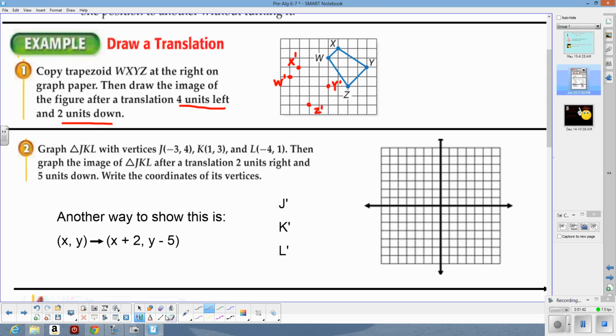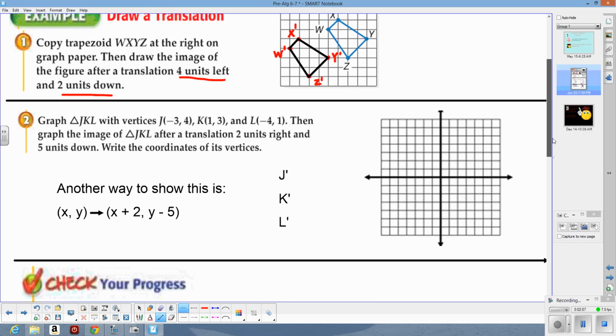Now when we connect those vertices to form the trapezoid, it should be congruent to the original, but it has been slid 4 units to the left and 2 down.